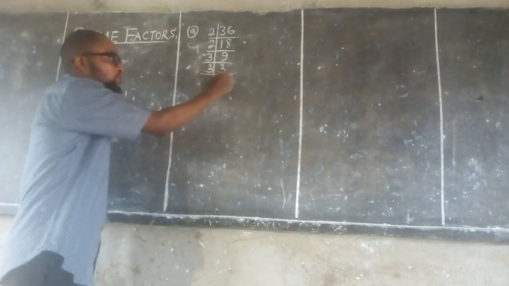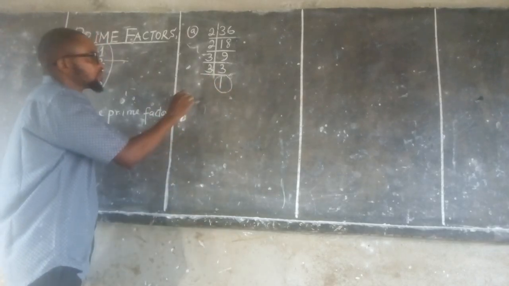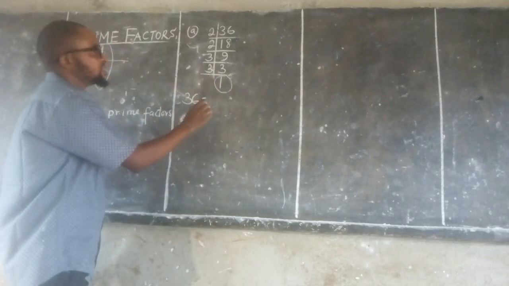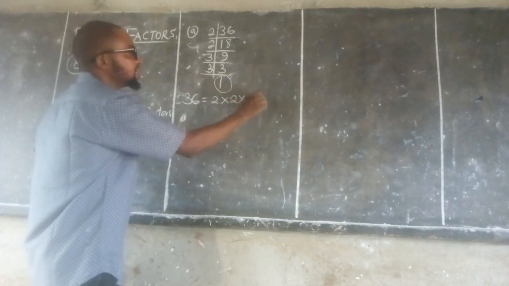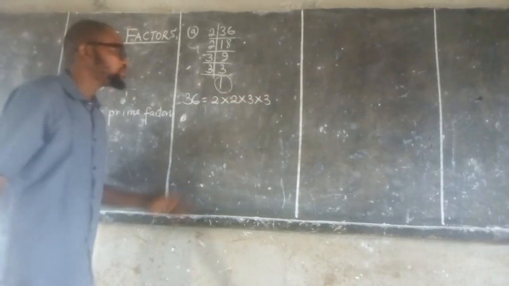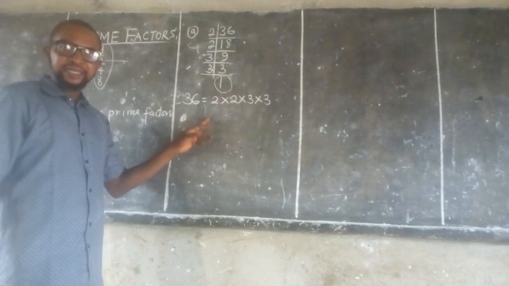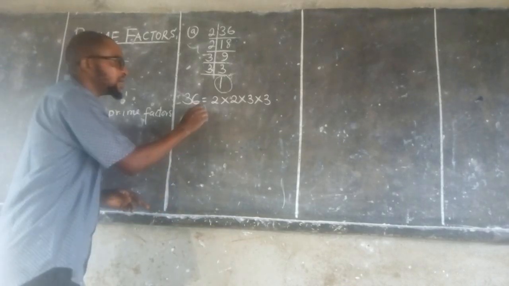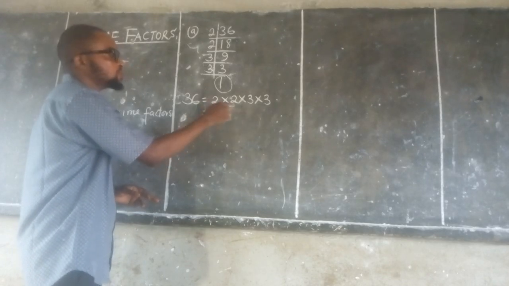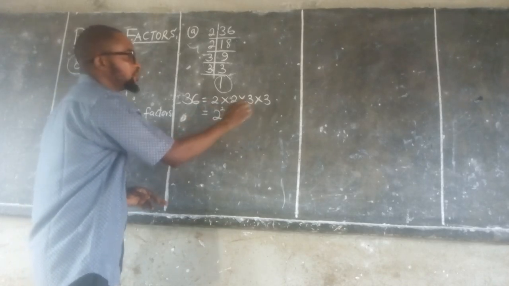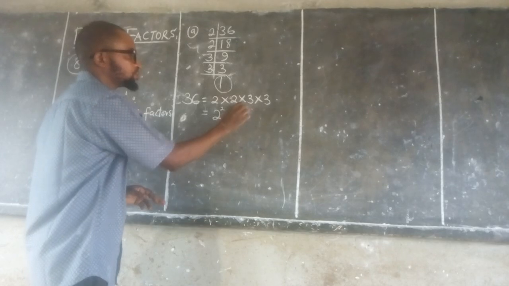You now stop your division. Hence, the prime factorization of 36 is 2 times 2 times 3 times 3. If you are to leave this answer in index form, index means power form, it is 2 raised to the power of 2 multiplied by 3 raised to the power of 2.